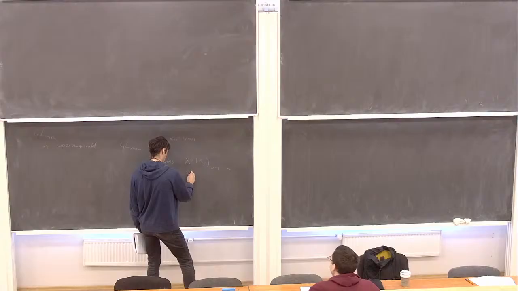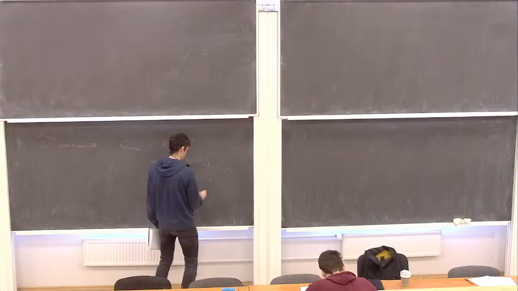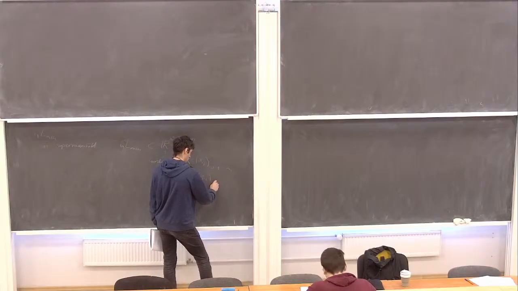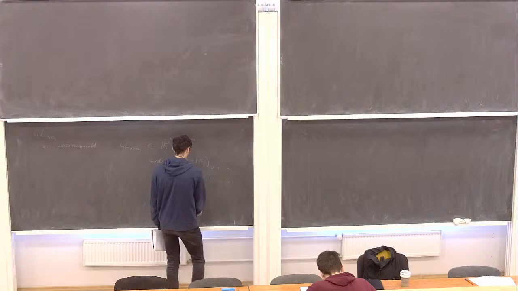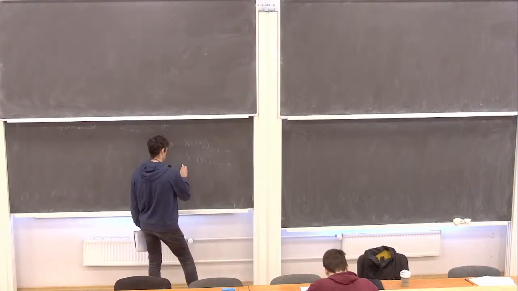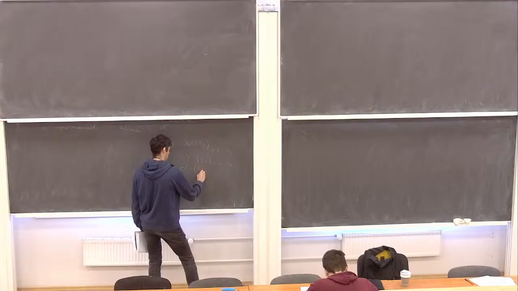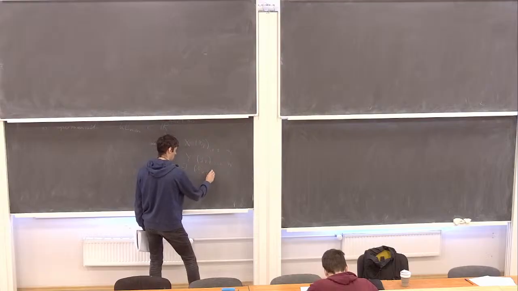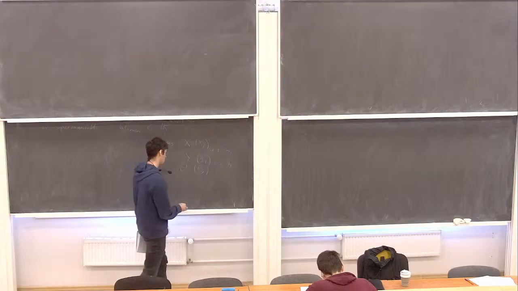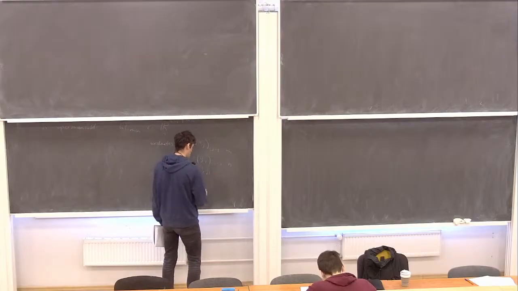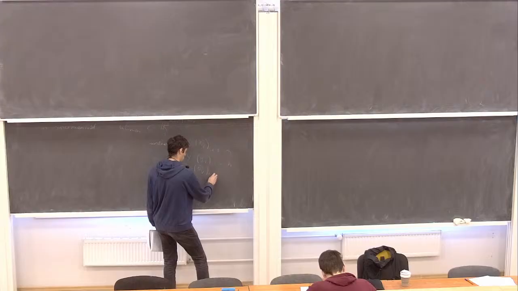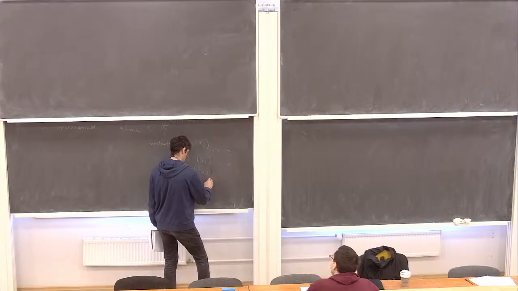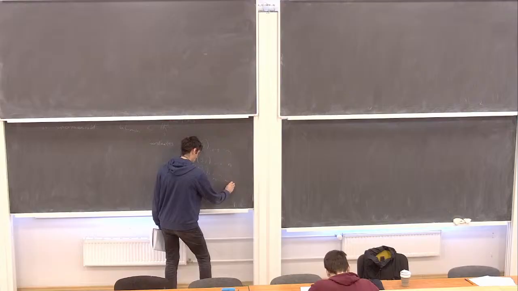Then you have Y, which consists of coordinates y_ij, where i and j are from 1 to n. And also you have theta, so my i goes from 1 to m, and j from 1 to n.